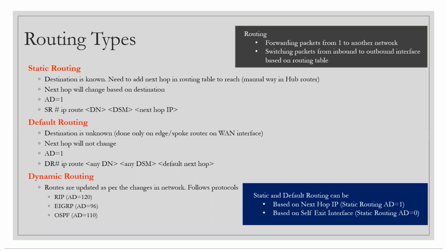Now, inbound to outbound means, let's say you have a router R1, right? The interface which is connected to the LAN, like the switch or the computers, is called the inbound. The outbound is the one pointing outside the default gateway, so basically connected to one more router or the internet and so on. From inbound, the switching of the packet will happen on the outbound.